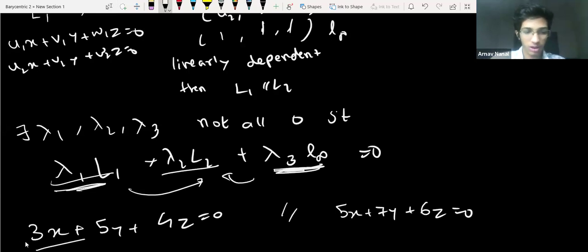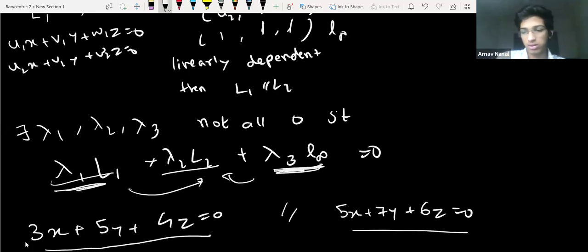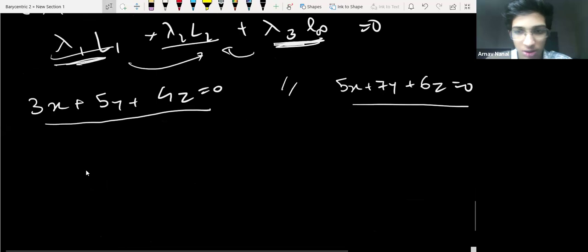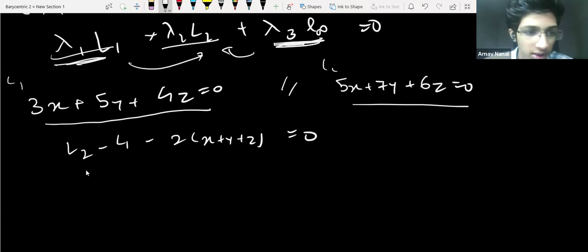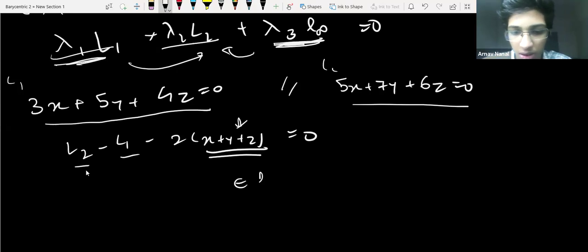Do you see why these two lines should be parallel in barycentric coordinates? Just because, calling this L1 and this L2, you observe that L2 minus L1 minus 2 times (x plus y plus z) is equal to 0. So any point satisfying both the equations of L2 and L1 should also satisfy x plus y plus z equal to 0, and hence it must lie on the line at infinity.